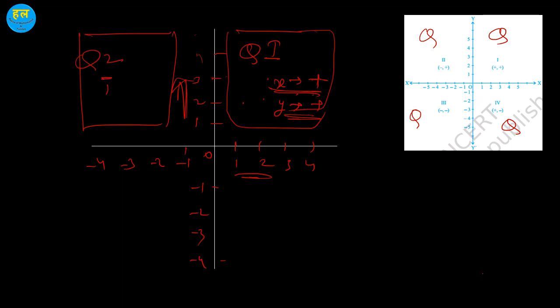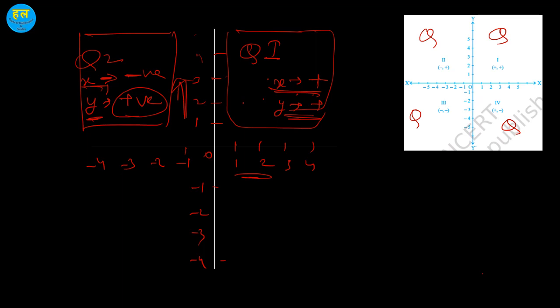Therefore all the x coordinates will be negative, and the y coordinates will be positive because it is above the origin and on the left side of the origin. Any point on this plane will have a negative x and a positive y.